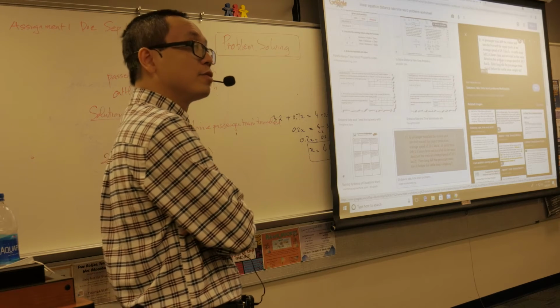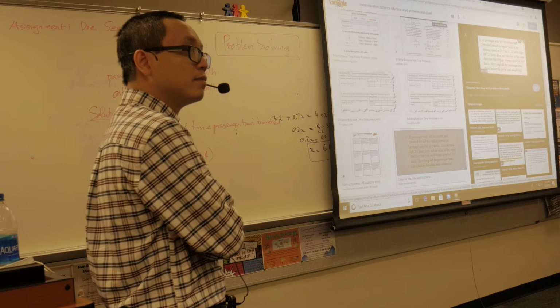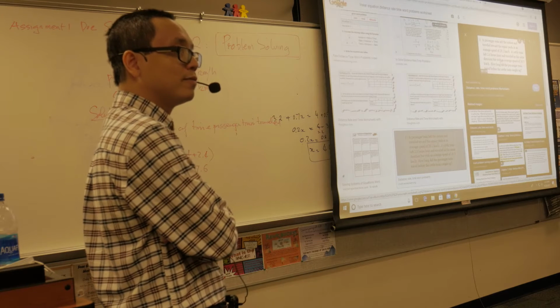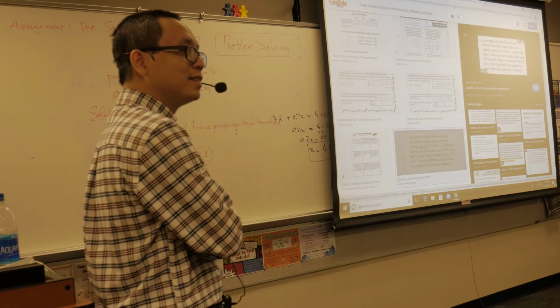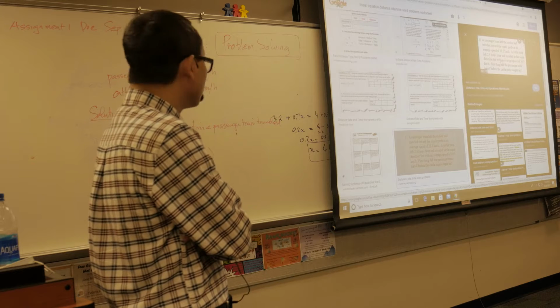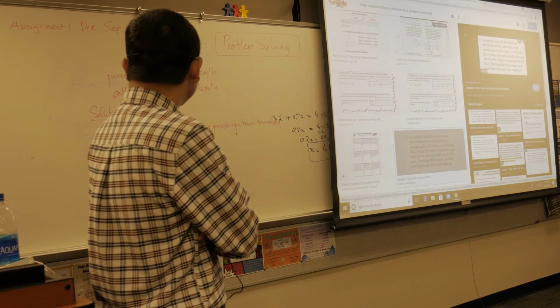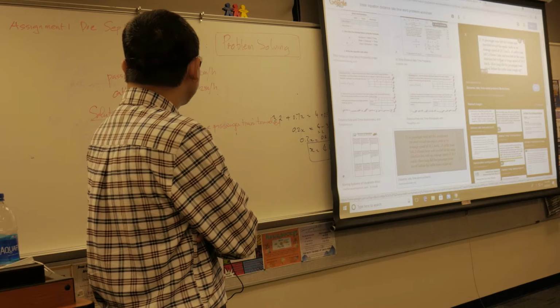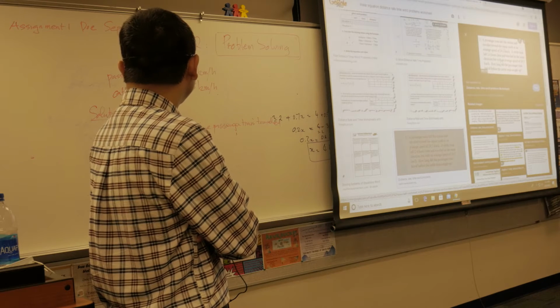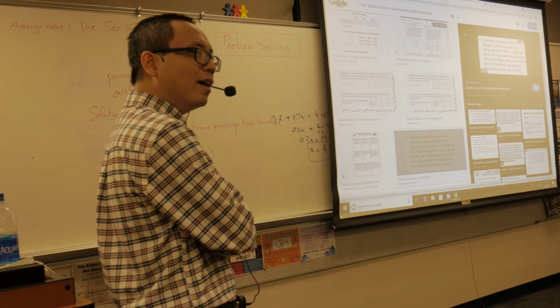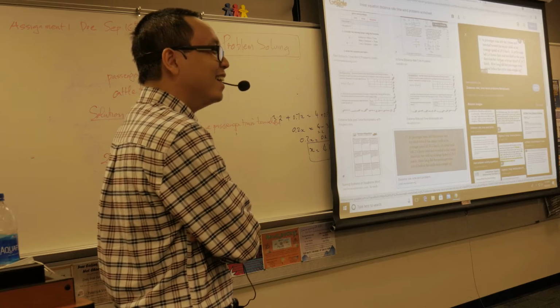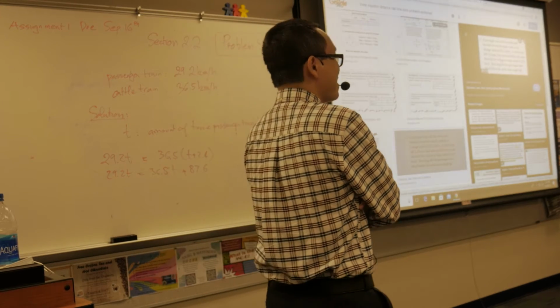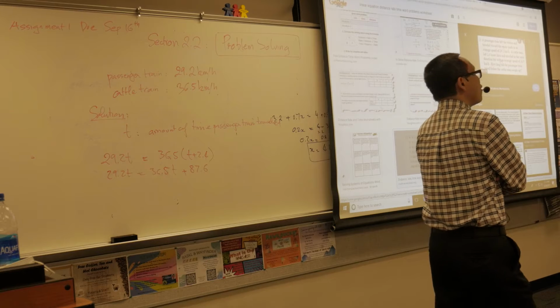Do you have the same equation? What do you have? We have 36.5 times (2.4 plus 29.5 t). Just think about 2.4 hours later.